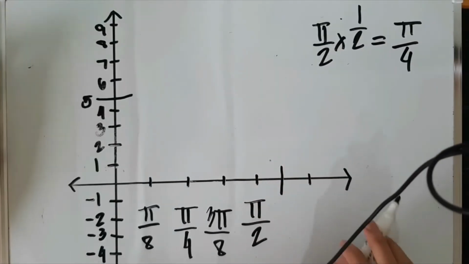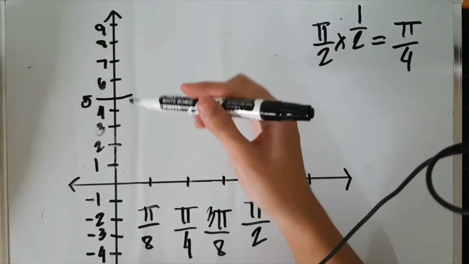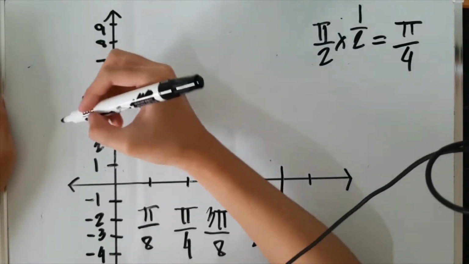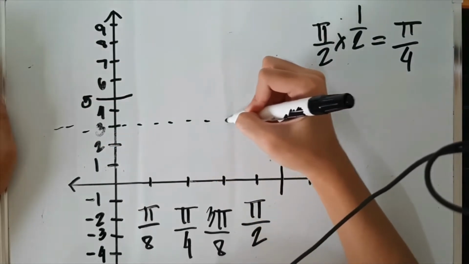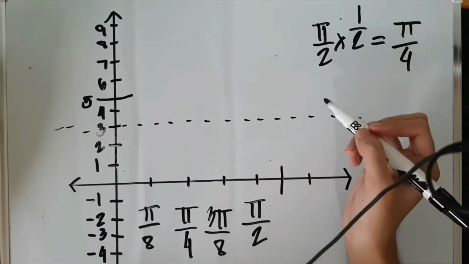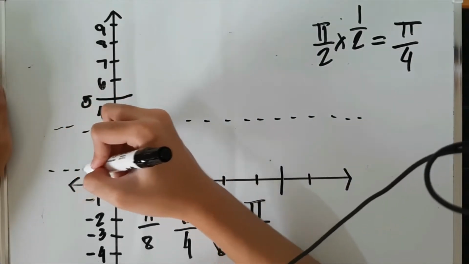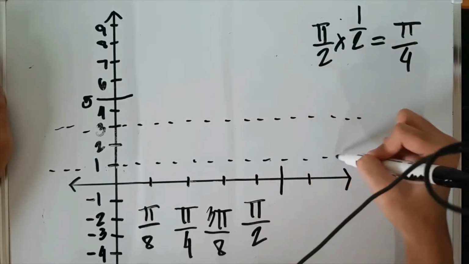The next part we need to do is the vertical shift. Since our vertical shift was 3, we need to start our graph at positive 3. And the range is 1 and 5, so this is how far our graph will go up and down.